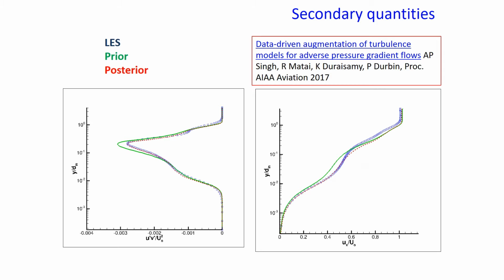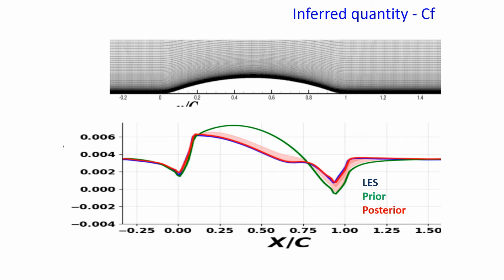Looking at, say, the Reynolds shear stress or velocities, they also improve, right? So it's getting right answers for the right reasons. Again, that was a very, very quick snapshot of how we do this inference. The output of this inference is essentially a complete field of discrepancies.